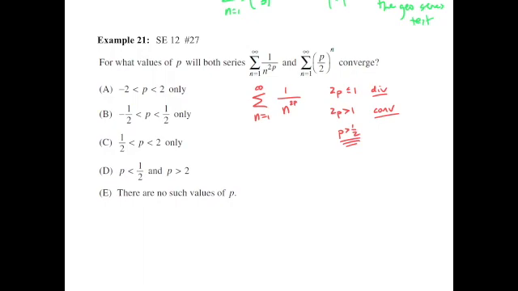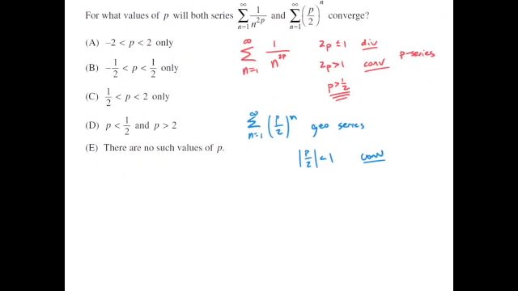For the second one, we're looking at a geometric series. So for our geometric series, we're looking at the absolute value of p divided by 2 being less than 1 in order to make it converge. That's our focus.